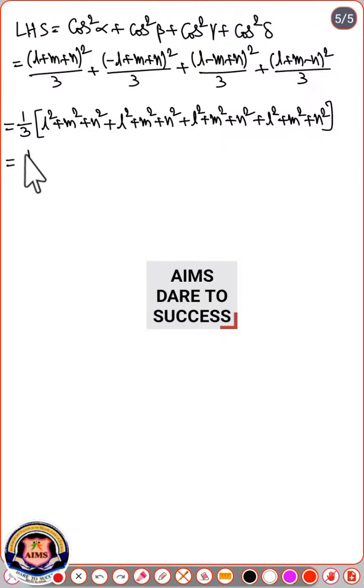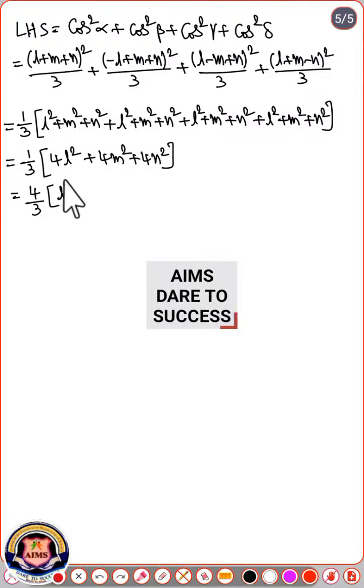So all the plus 2ab, plus 2bc, plus 2ca values related to these 4 terms are cancelling. So I am writing directly 1 by 3 into 4 times L square, that is 4L square. After that 4 times M square, that is 4M square. After that 4 times N square, that is 4N square. My dears, all these 4 values have 4 common. Come outside: 4 into 1 by 3, that is 4 by 3 into (L square plus M square plus N square).